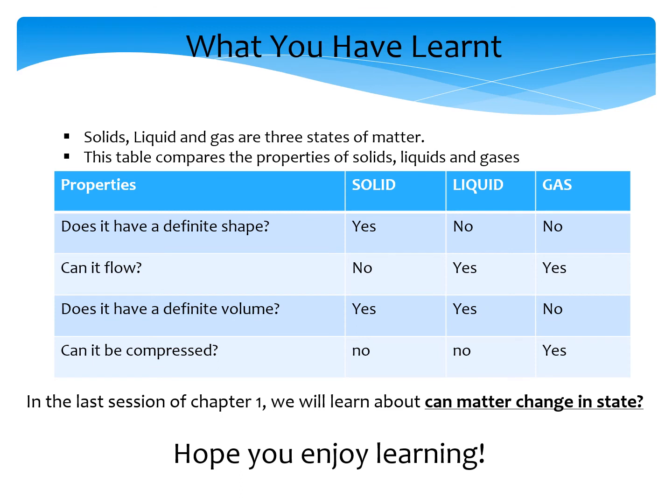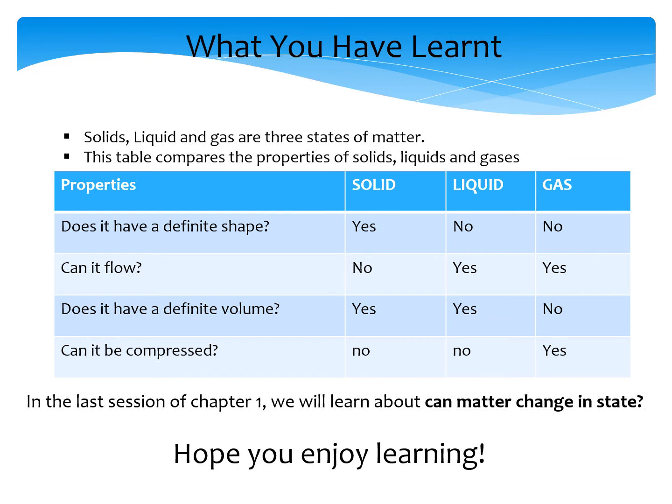What you have learned today is that solid, liquid and gas are three states of matter, and this table given below compares the properties of solids, liquids and gases. The properties are: does it have a definite shape? No, you don't have a definite shape in liquid and gas, but we have a definite shape in solid.